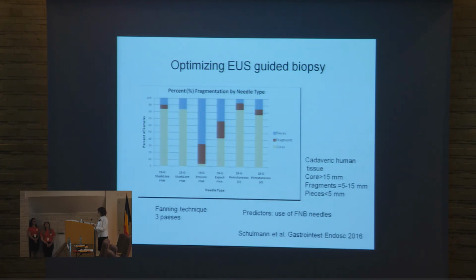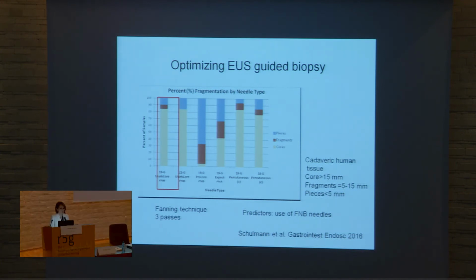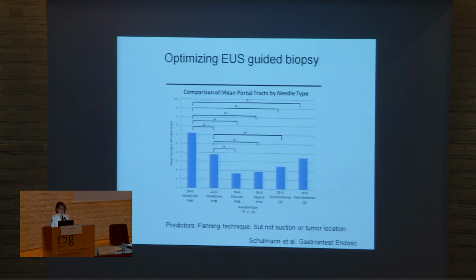I will go very fast on this slide. What I want to show you here is that this kind of needle, called the Shark Core needle, seems to be very, very good for this pathology. So we think that we will have a future for it.